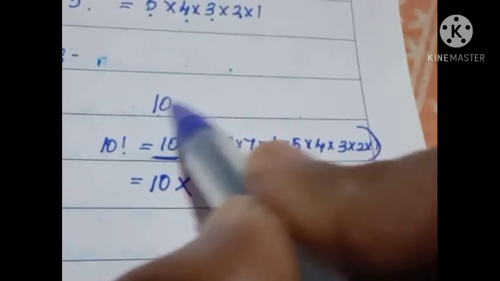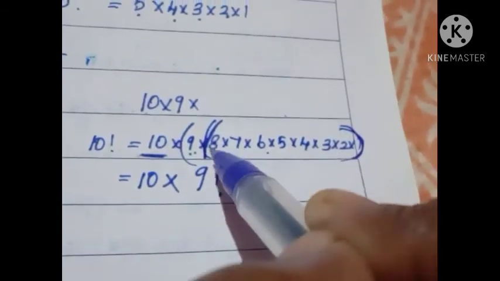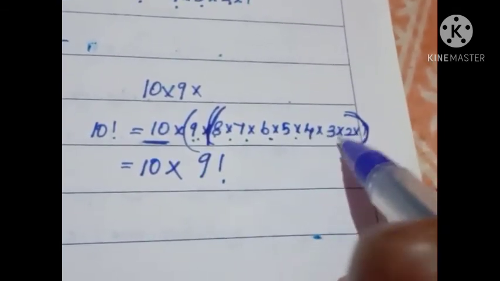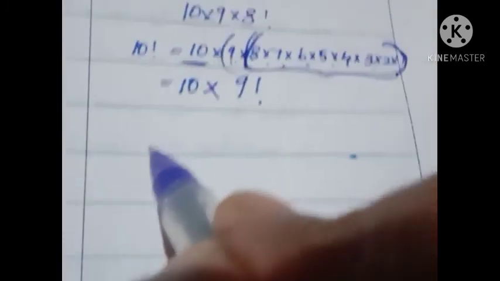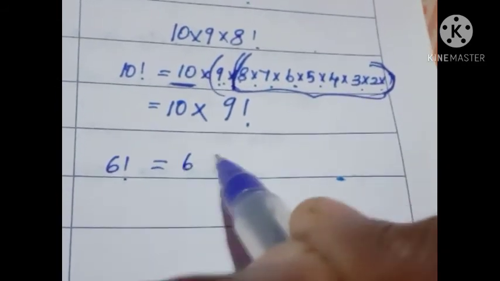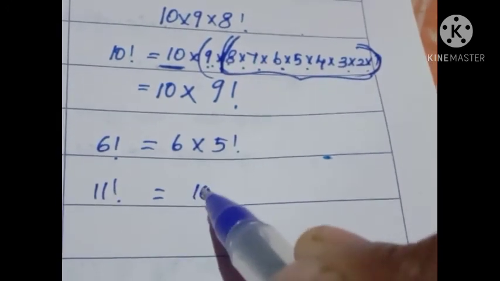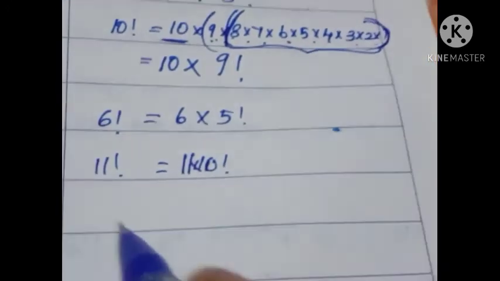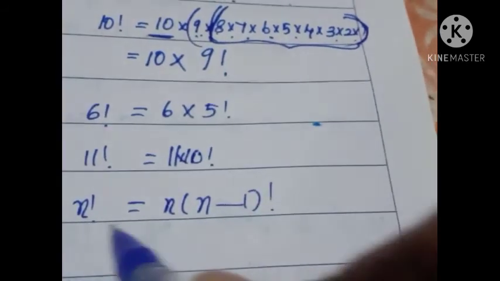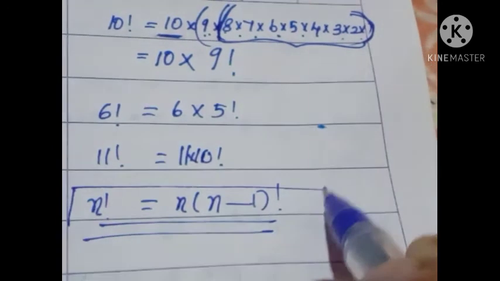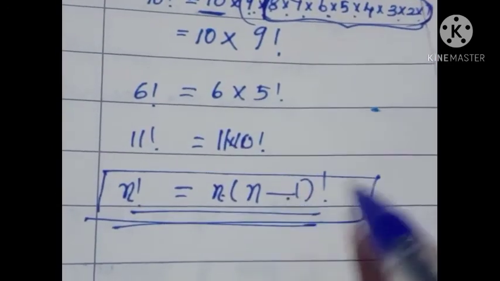Or consider 10 into 9 and the remaining part, 8 into 7 into 6 into 5 into 4 into 3 into 2 into 1, which is 8 factorial. 6 factorial can be written as 6 into 5 factorial. 11 factorial can be written as 11 into 10 factorial. So n factorial is equal to n into n minus 1 factorial. It is a result.